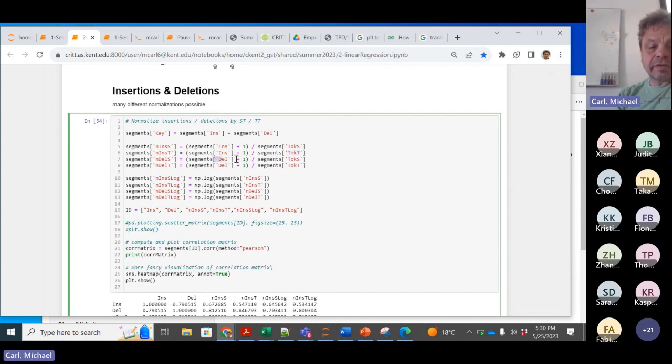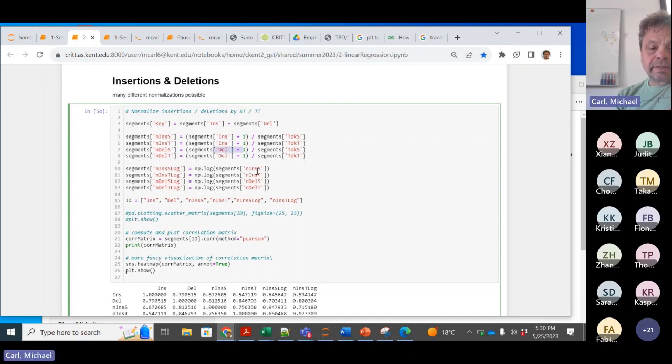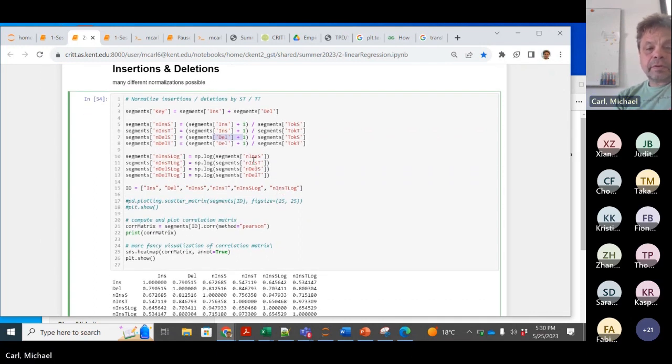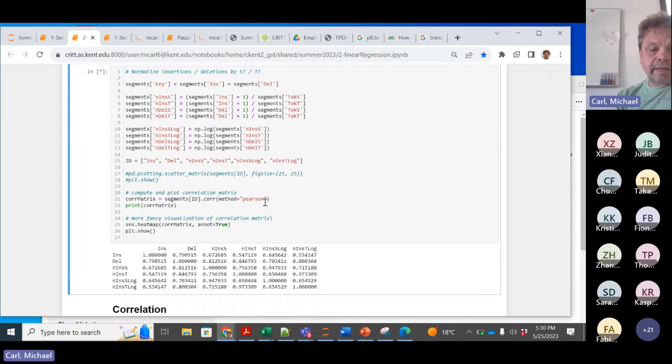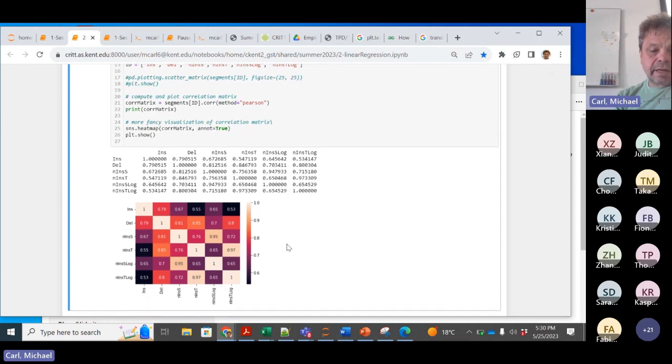This is the same for the deletions. And then we can also, of course, log transform the normalized number of insertions and deletions. Then again, we can correlate this, and we can see that there's quite a strong correlation here.